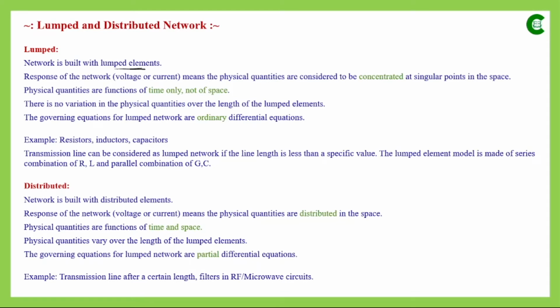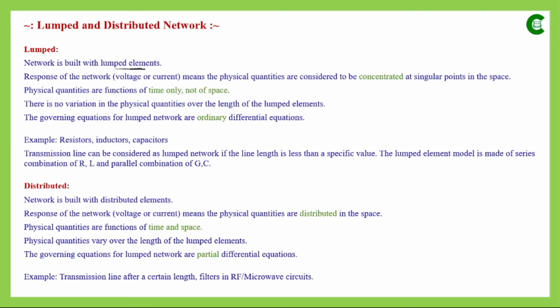We know that a transmission line is lengthy, but if the length of the transmission line is less than a specific value, then that transmission line can be considered a lumped network, and we can assume that their resistance, inductance or capacitance values are physically separated, or concentrated at singular points in space. The lumped element model is made of a series combination of resistance and inductance, and a parallel combination of conductance and capacitance.